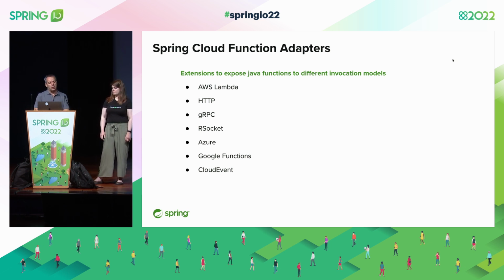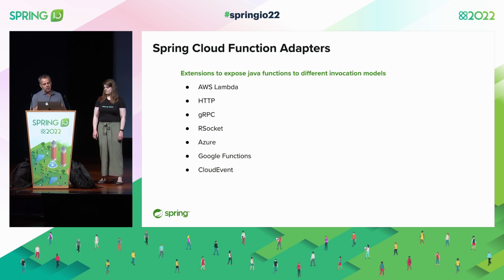So Spring Cloud Function adapters. The main purpose of this project is to introduce these various different adapters that allow you to expose a function and provide various different trigger mechanisms for functions.